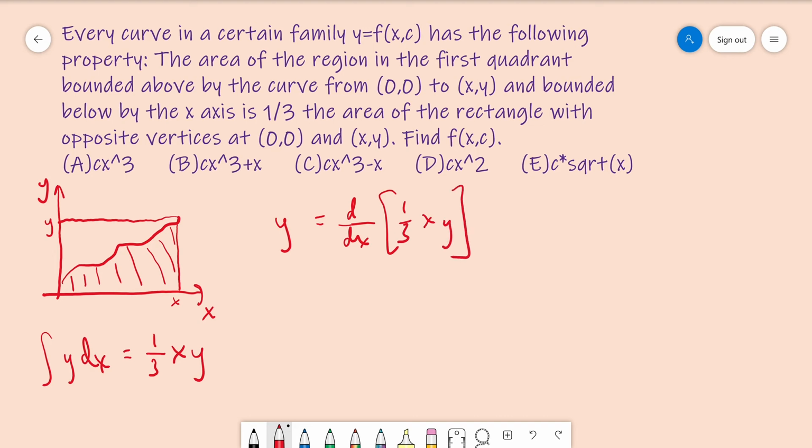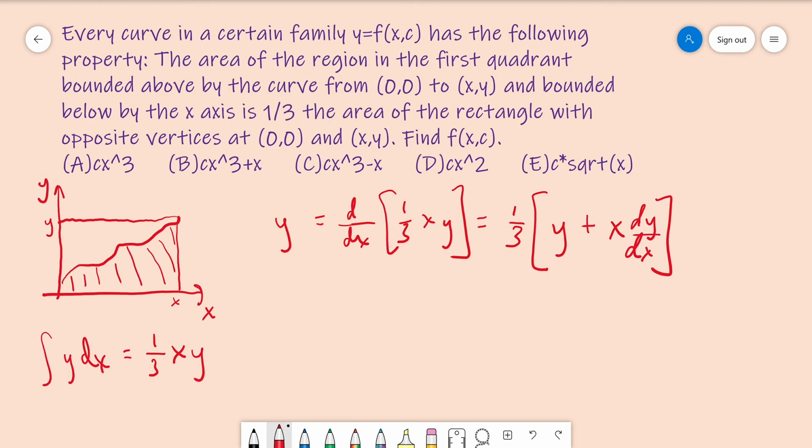Now the 1/3 comes out in front, and for the derivative of xy, you have to use the product rule. So the derivative of x is 1 times y plus x times the derivative of y with respect to x. So our equation is y equals 1/3 times y plus x dy dx.